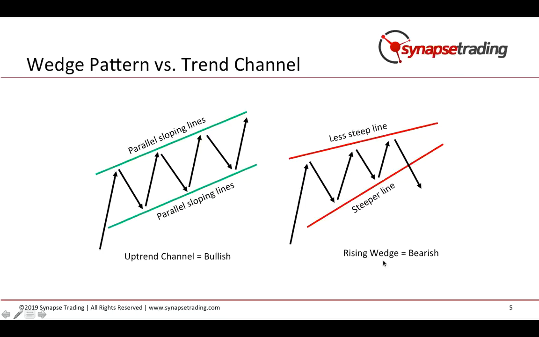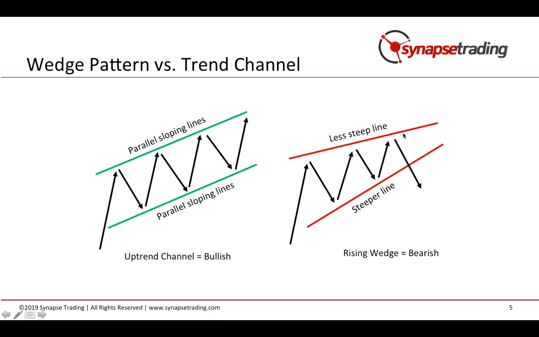Whereas for the wedge, the main difference is that instead of 2 parallel sloping lines, you have 2 lines that are both sloping up. However, the gradient of both lines is different. This line is steeper and this line is less steep.